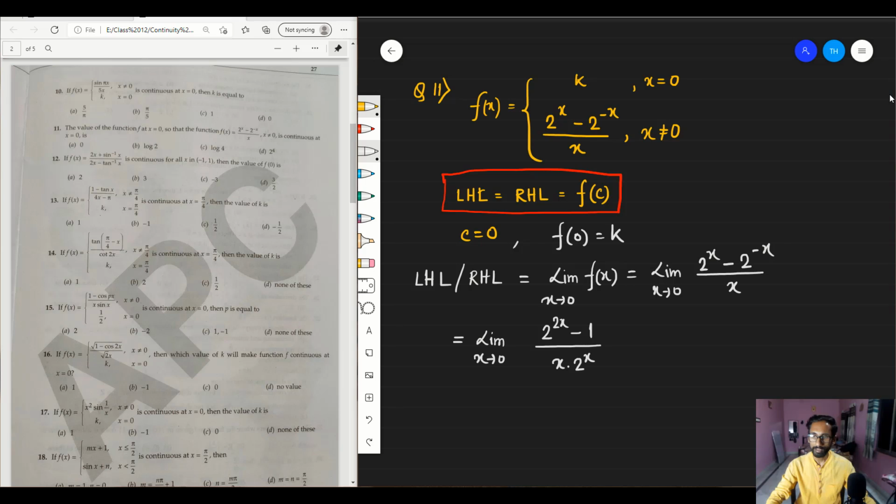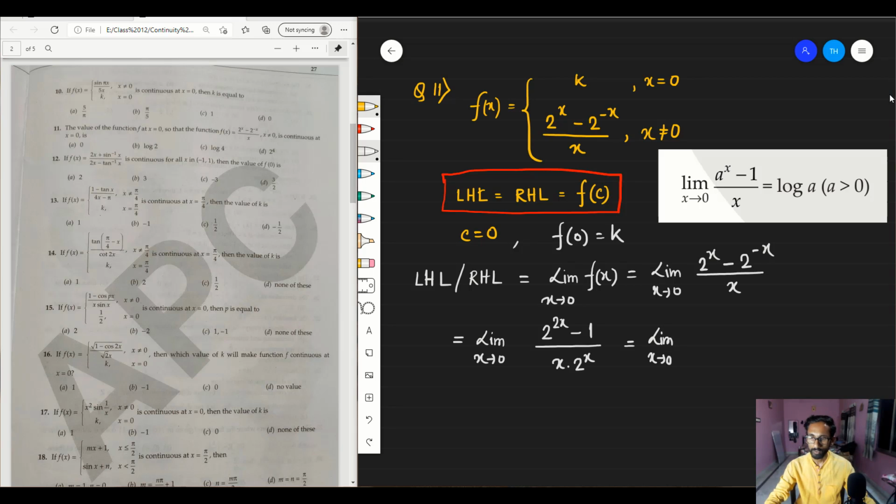Now we can use an identity or formula from limit algebra, which says the limit of (a to the power x minus 1) whole divided by x is equal to log a, and we will keep the 1 by 2 to the power x separately.